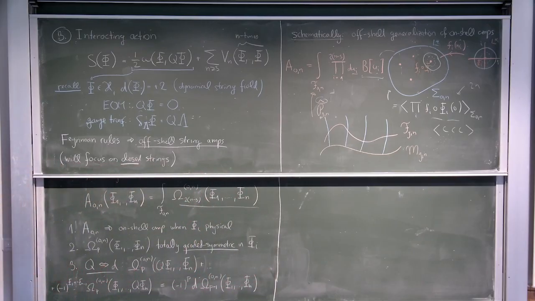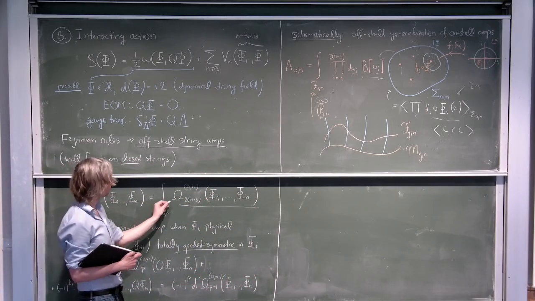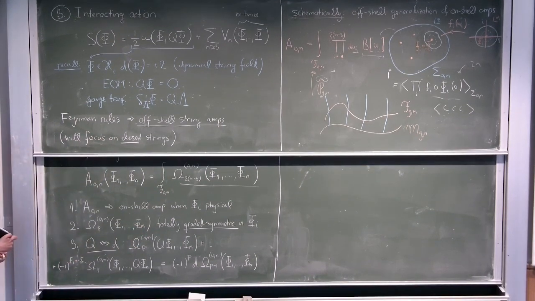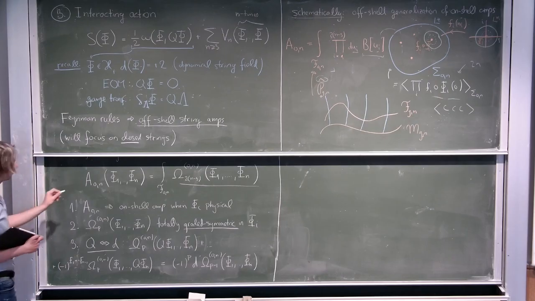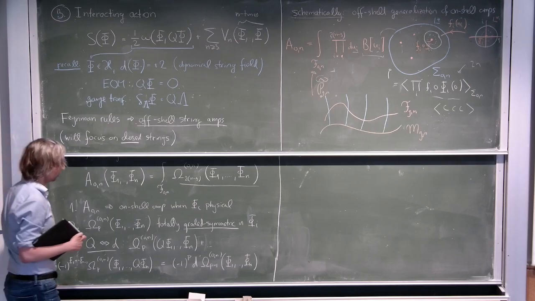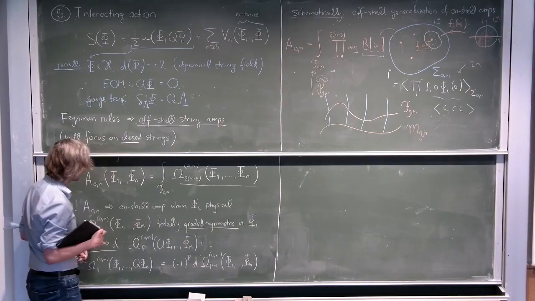I need to choose this form in such a way that for this offshell amplitude, when I take these external states back onshell to be physical, I am able to recover the expected answer for the onshell amplitude.